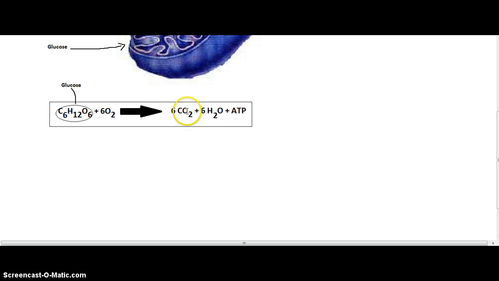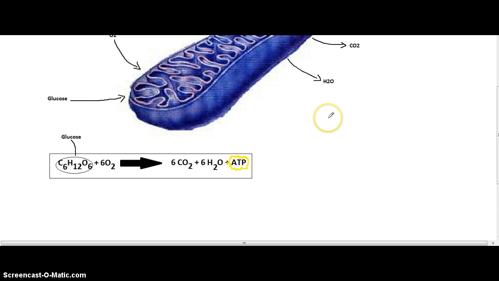This is carbon dioxide. This is water. And this is ATP. Between 36 and 38 ATPs are produced after cellular respiration. Aerobic cellular respiration produces between 36 and 38 ATPs, depending on the situation.